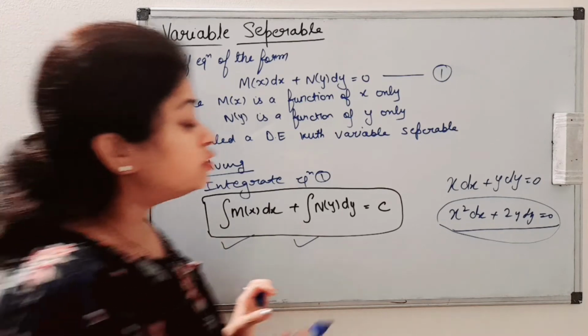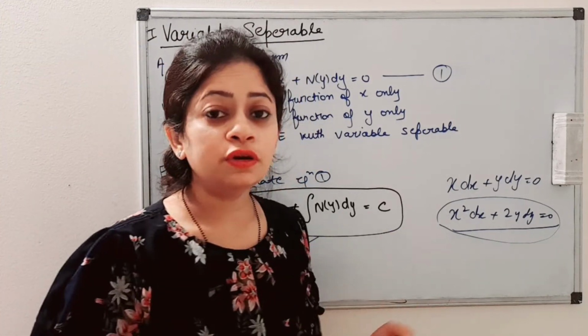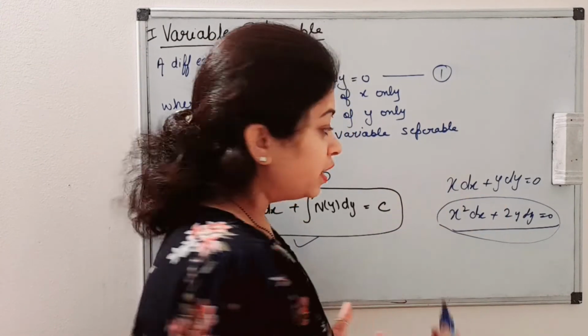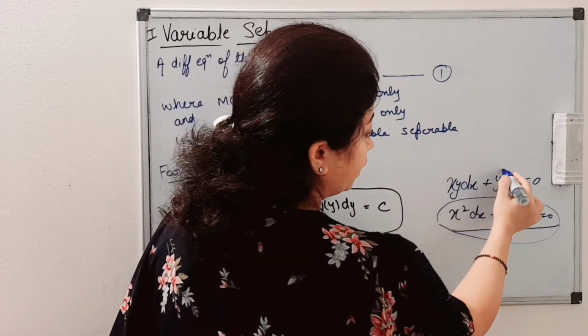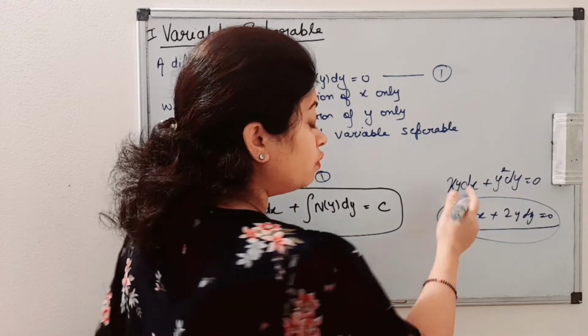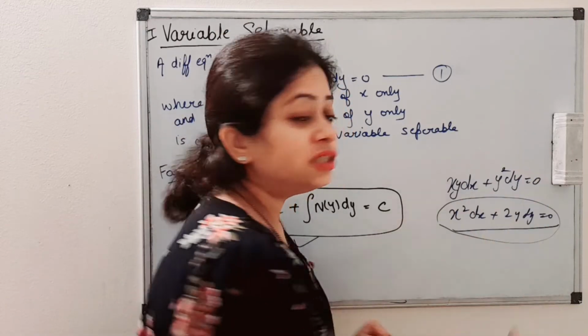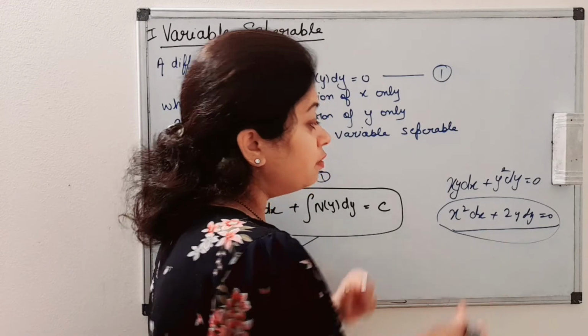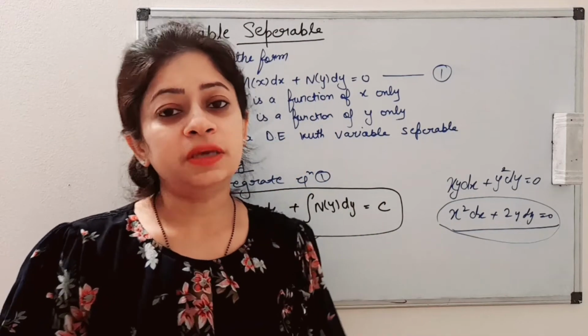Now suppose in some question you will not find that variables are separate, like x y dx plus y square dy equal to 0. If you rearrange this equation, then you can get it in variable separable form.